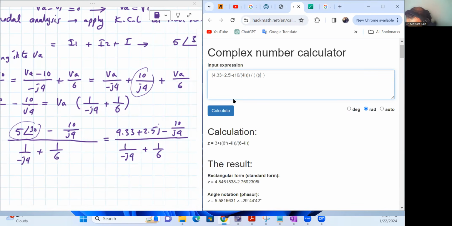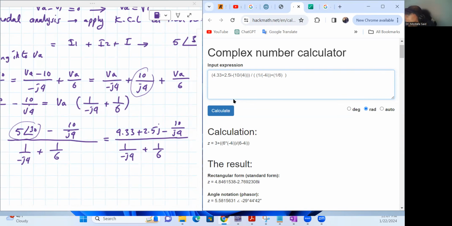We have two terms, plus in between: 1 divided by minus j4, put another parenthesis, minus 4i. Put the constant before the symbol i. Don't write it i4, because sometimes this website will translate it incorrectly.